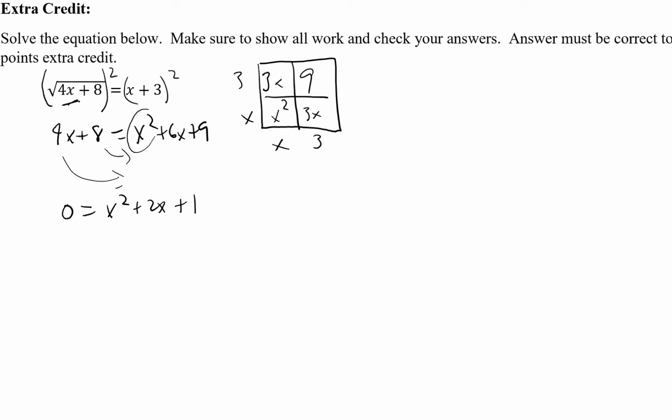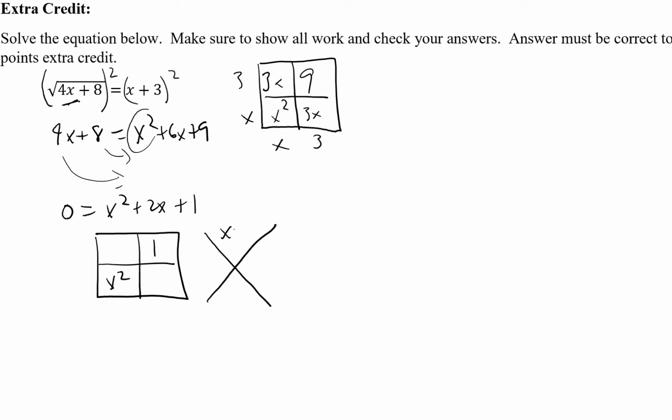Alright, so I still have a quadratic and I need to solve it. It's not a perfect square because of the 2x there, but I think I can factor it, so let's try and do that real quick. X squared, so then this is going to be x squared, and then we want it to add up to 2x, so I'm thinking 1 times 1.